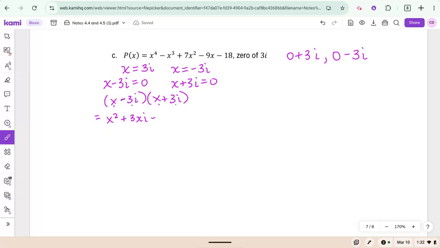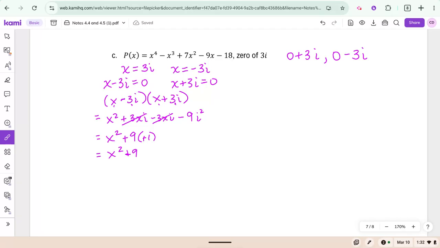Negative 3i times x is negative 3xi. And negative 3i times positive 3i is negative 9i squared. So the positive 3xi and the minus 3xi cancel. So I have x squared minus 9 times i squared. But remember, i squared is negative 1. So this turns into x squared plus 9 as one of my factors.